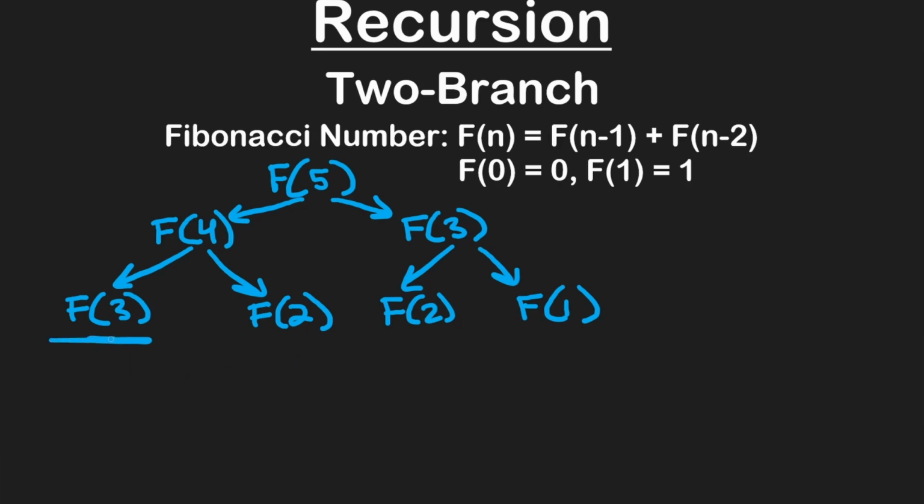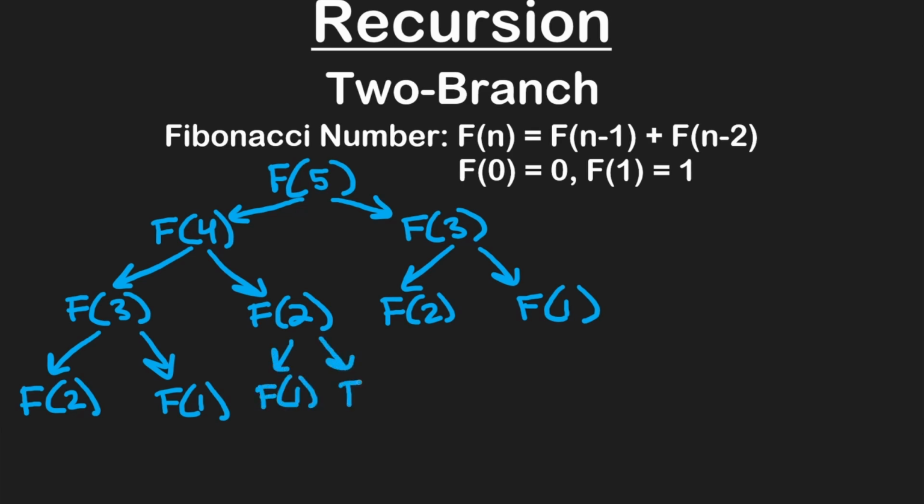So the third Fibonacci number can be broken up into n-1, which is the second Fibonacci number, added with the first Fibonacci number. To get the second Fibonacci number, we can get the first Fibonacci number added with the 0th Fibonacci number. It's starting to get a little bit messy, but we're almost done.